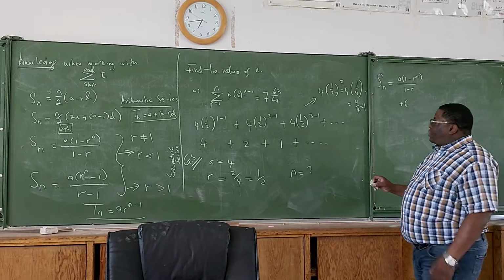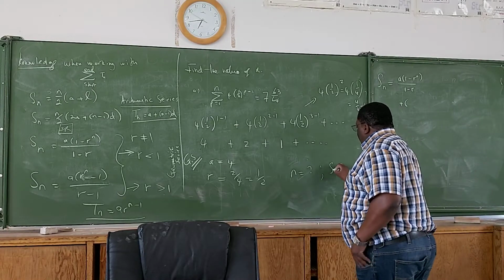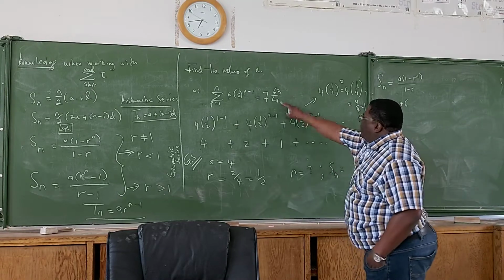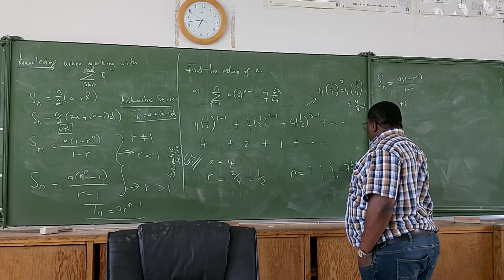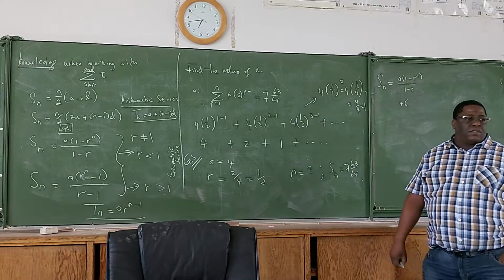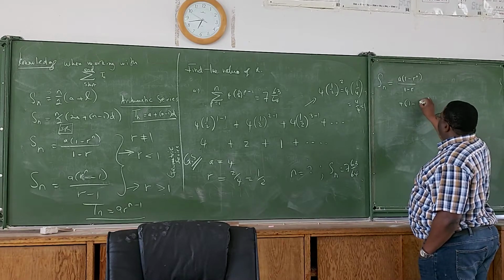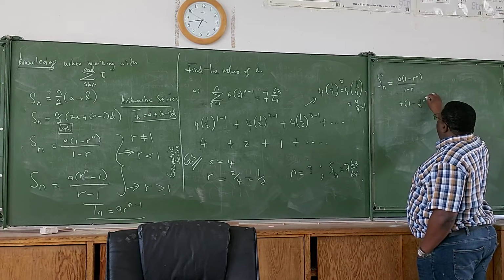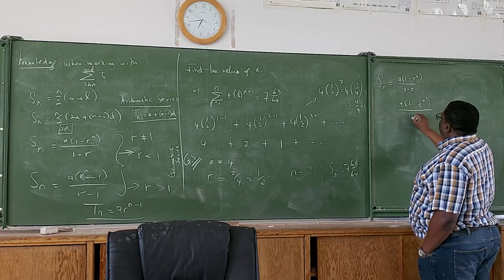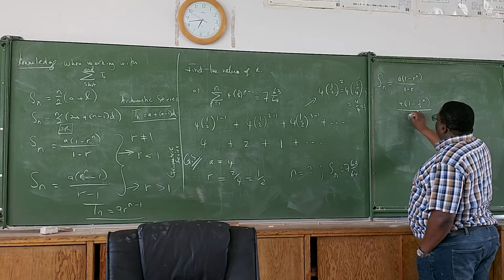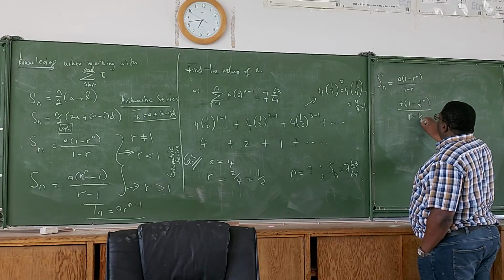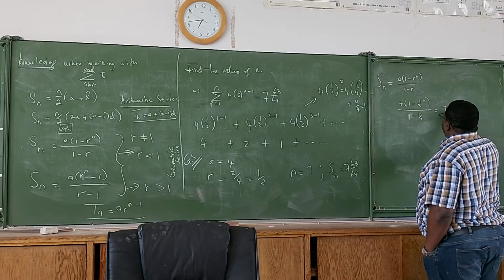We know the sum. The sum is nothing but this value here, 7 and 63 over 64. Does that make sense? So 1 minus a half raised to the power of n, over 1 minus a half, equals 7 and 63 over 64.